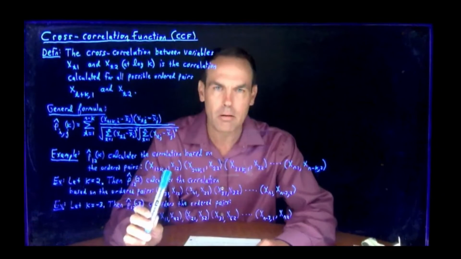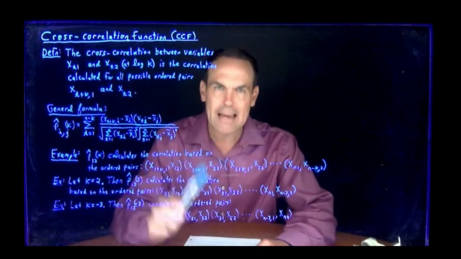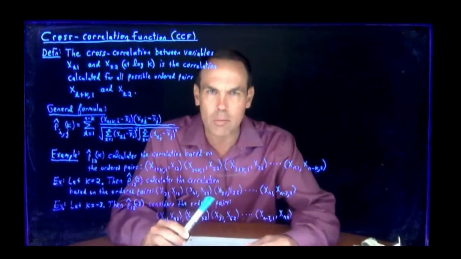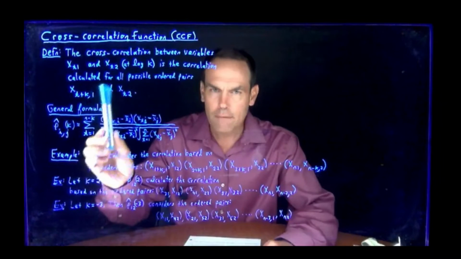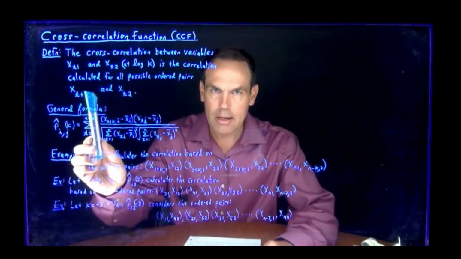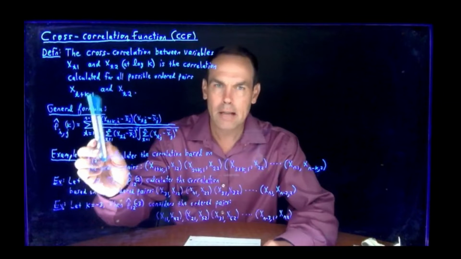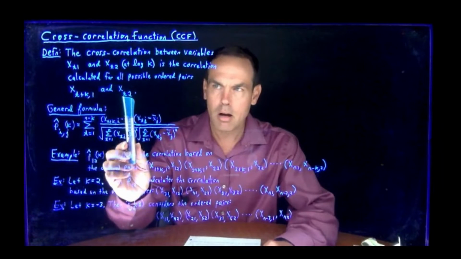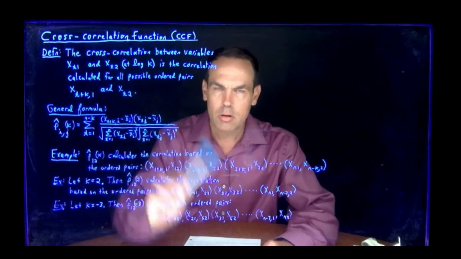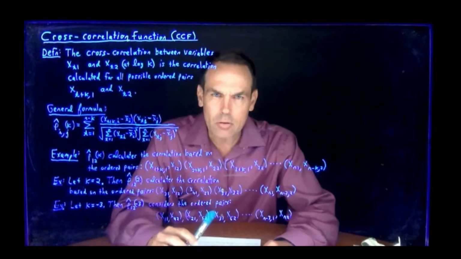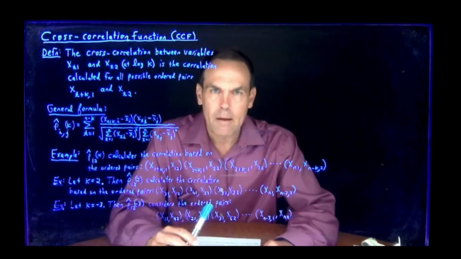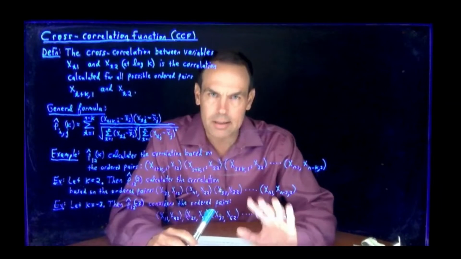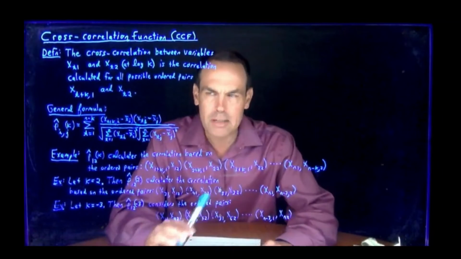So we've got to get it set in our minds that this first variable is k time points ahead of the second variable. It could also be behind, depending on whether the lag is positive or negative. We're going to see that clearly in an example, but just keep that in mind.